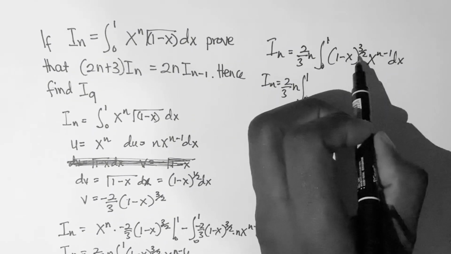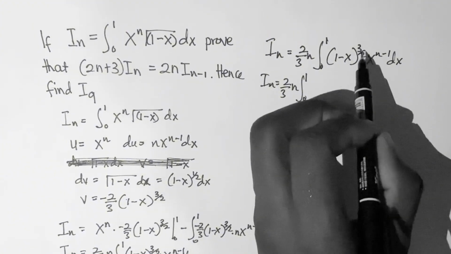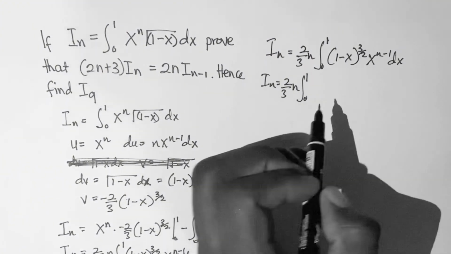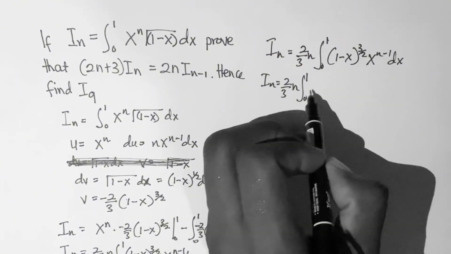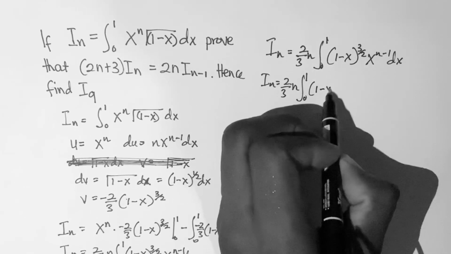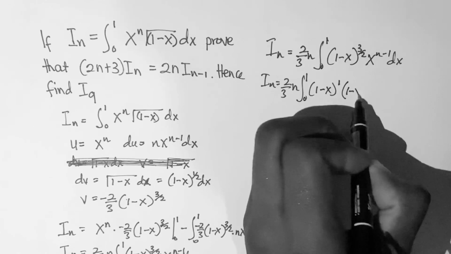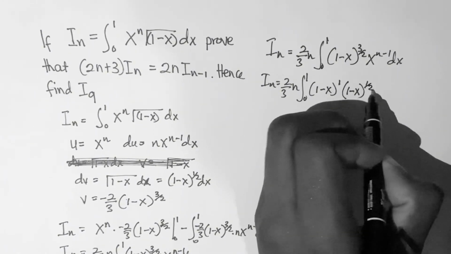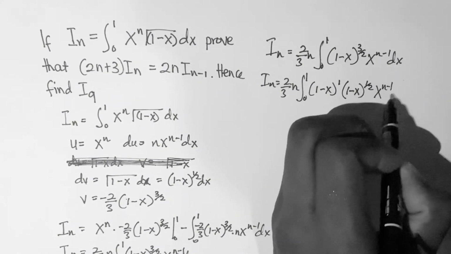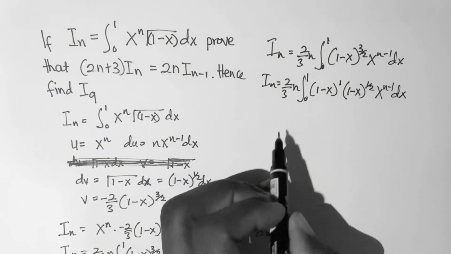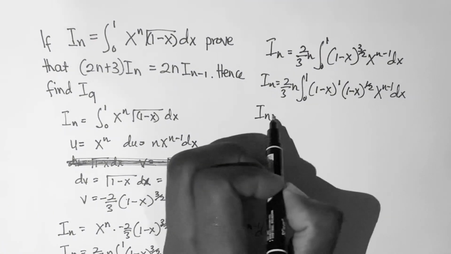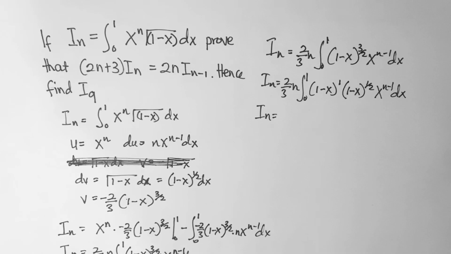Now this 3 over 2 is the same as 1 plus 1 over 2. So we can rewrite this as (1 minus x)^1 times (1 minus x)^(1/2) x^(n-1) dx. We can break this integral into two.